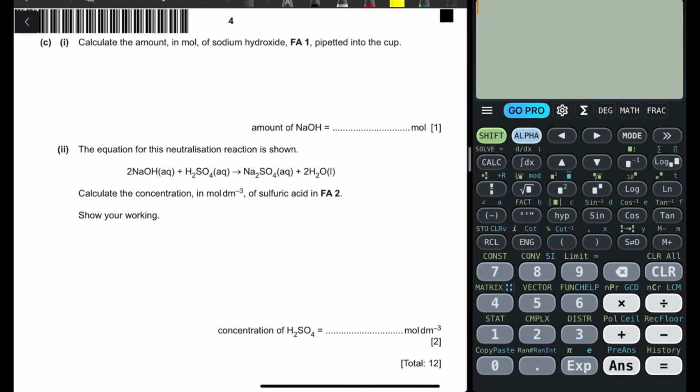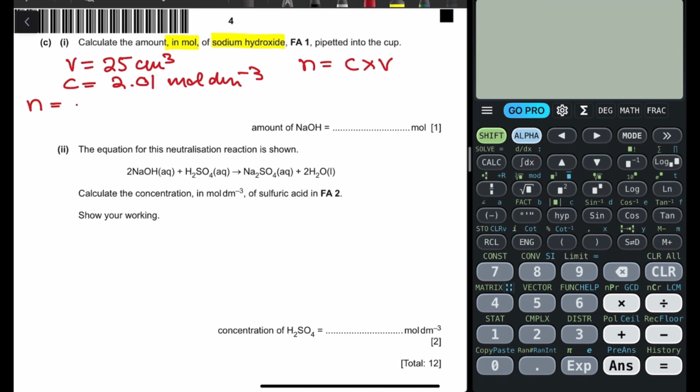So part C asks us to calculate the number of moles of sodium hydroxide pipetted into the cup. Now remember, the volume we used was 25 centimeters cubed and the concentration we used was 2.01 moles per decimeter cubed. Now the number of moles is equal to the concentration times the volume. So the number of moles is equal to 2.01 times 25 divided by 1,000.